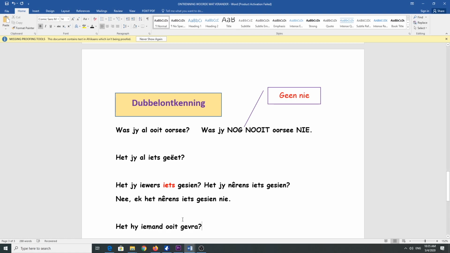Okay, so let's do the question. When we keep it a question, het hy, I'm going to change the iemand. Here are my two ontkenning words. You see them? I am only going to change iemand and make it het hy niemand. I'm not going to change ooit because it's the second one. Complete the sentence. And then put my question mark.